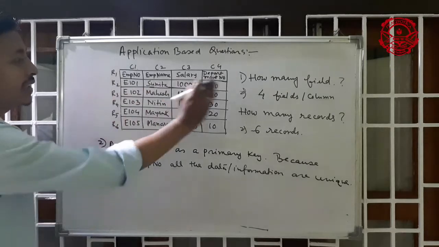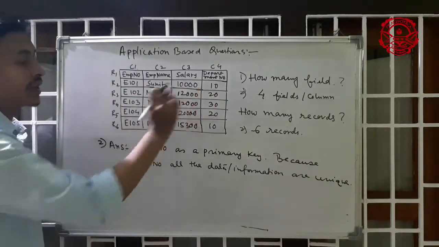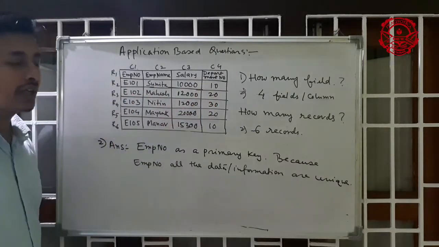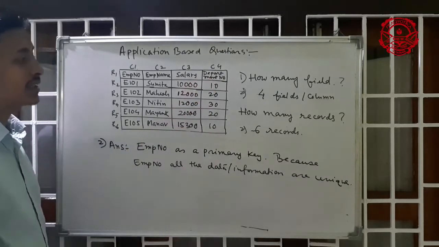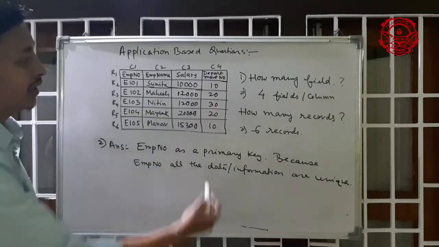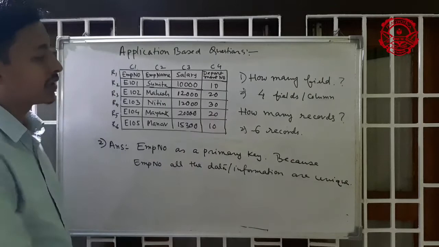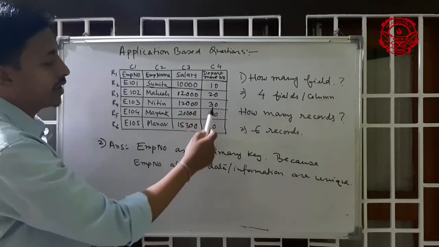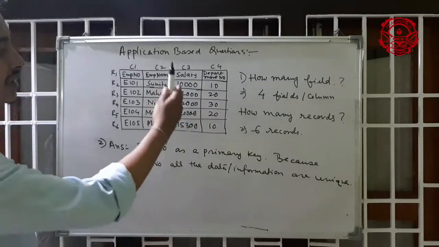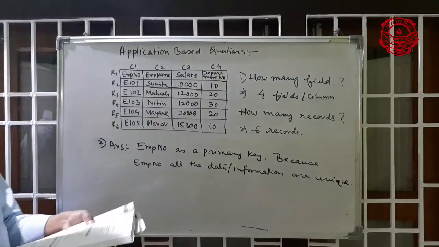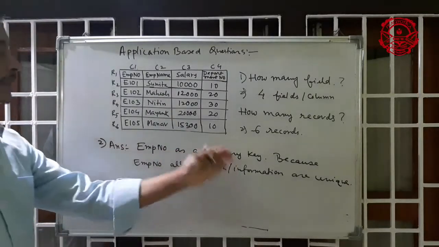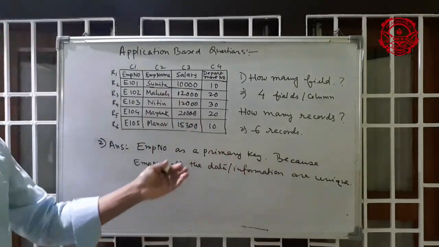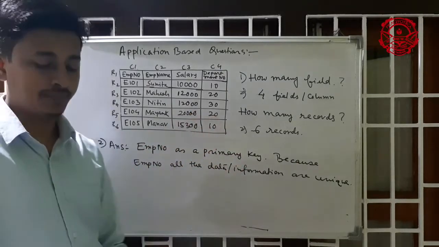So that's why we can easily identify each record, each row. But in department number, you can see the department number is not unique: 10, 10, 20, 20, 30. I think you understand these things. So that's why EMP number should be a primary key, because all data and information in EMP number are unique.